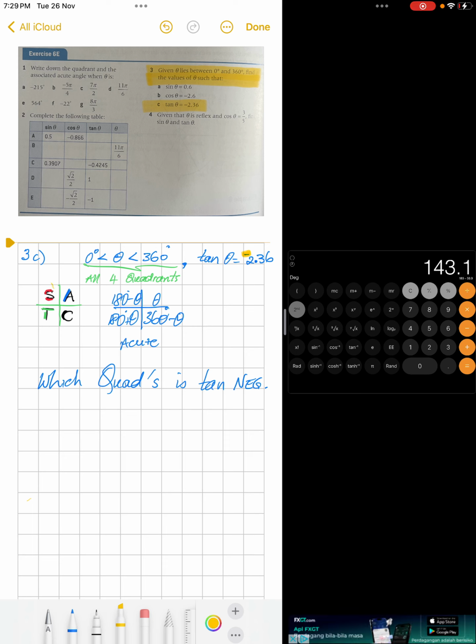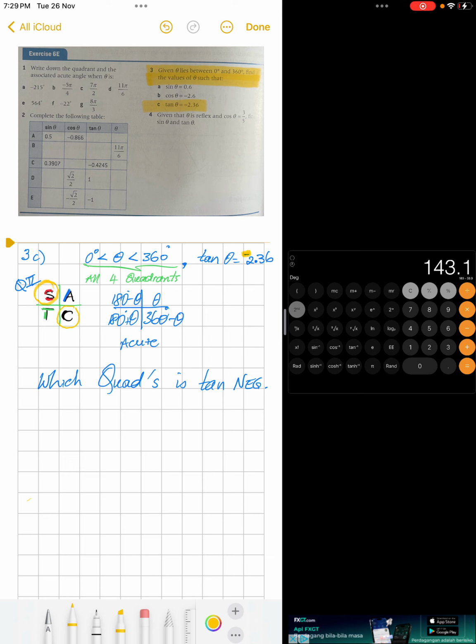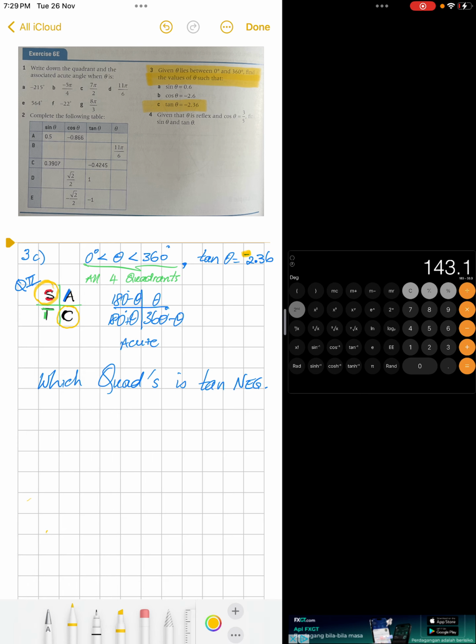So we're dealing with when sine is positive, tan has to be negative in quadrant 2. So definitely a quadrant 2 angle. And where is tan negative again? Tan is negative again when cos is positive. So definitely a quadrant 4 angle. Quadrant 4 angle.